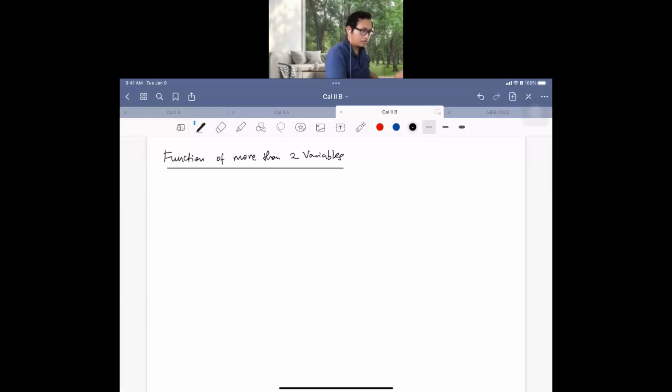Okay, if a function f is a function of three variables x, y, and z, then the partial derivative with respect to x, or fx, is defined as, we are going to write the limit definition.